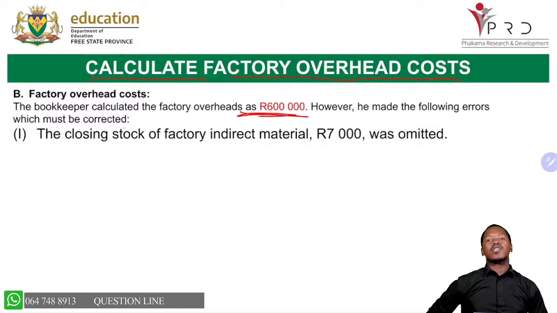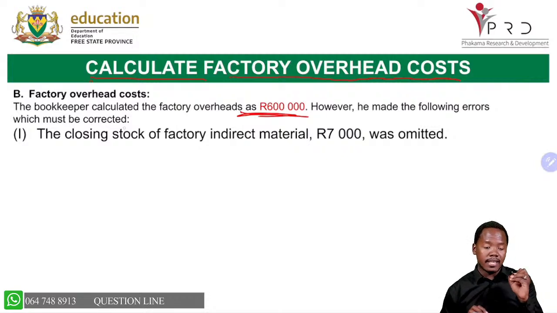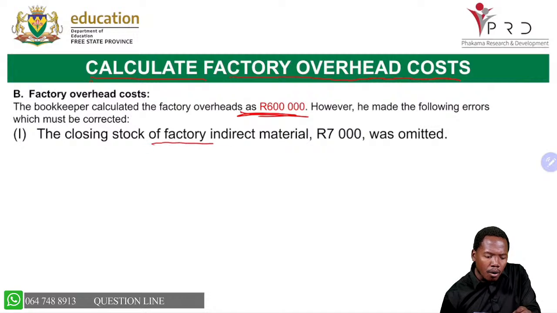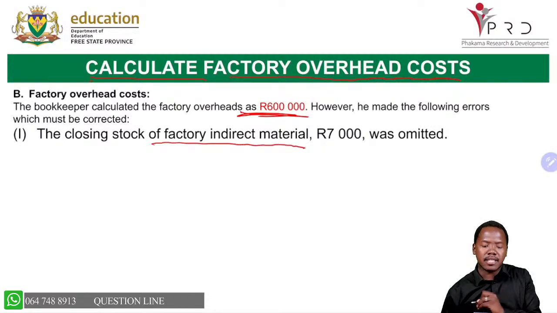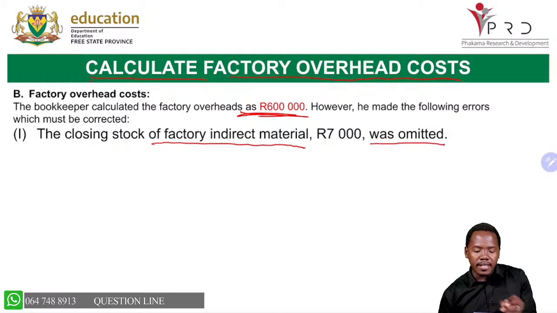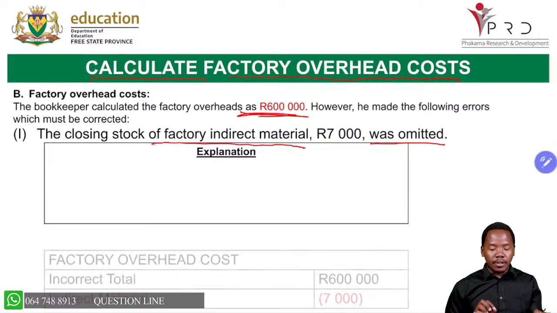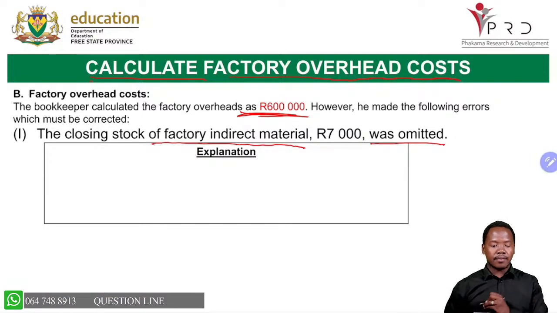Now, let us solve transaction number 1. I'm going to give you 30 seconds to decide on what to do with transaction number 1. Let us read it together first. The closing stock of factory indirect material, 7,000, was omitted. Now, can you now do this? Let us look at that.